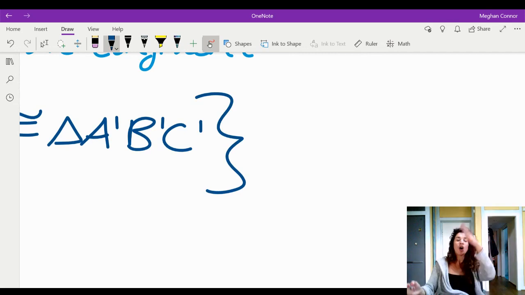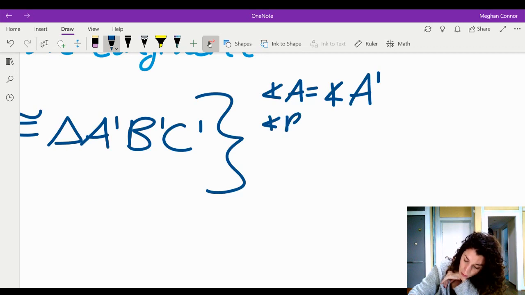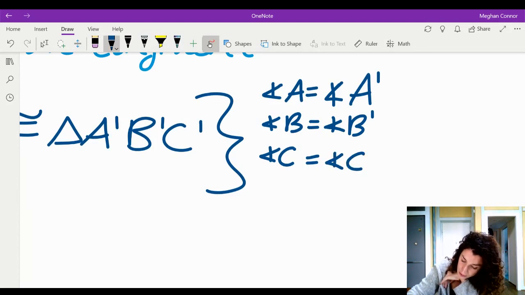And then you can state all of the following things. You can state that angle A equals angle A prime, angle B equals angle B prime, angle C equals angle C prime.